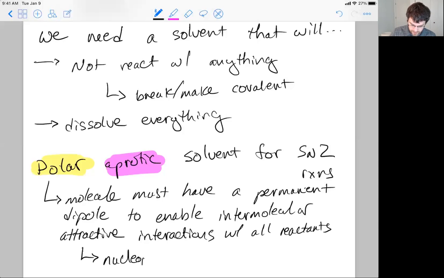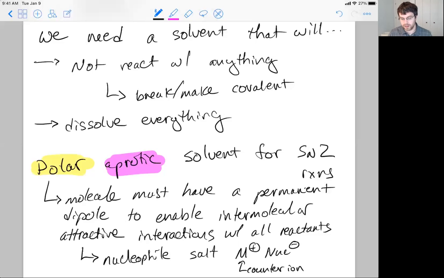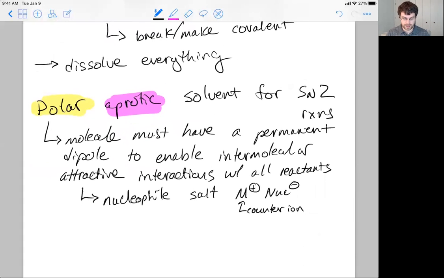The nucleophile salt, which is M for metal, Nuc for nucleophile, where the metal is our counter ion, and the Nuc minus is our nucleophilic anion. So the salt, the combination of the anion and the cation, that's the thing that's difficult to dissolve, and that's the thing that we really need to be careful about our solvent choice to make sure that everything productive happens.